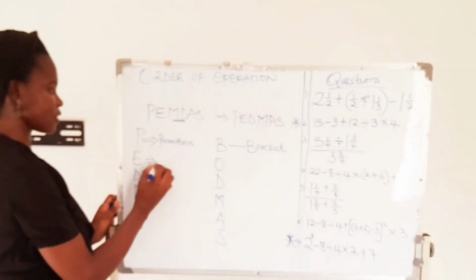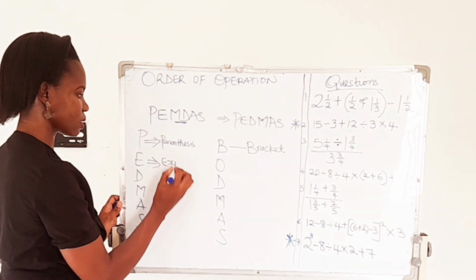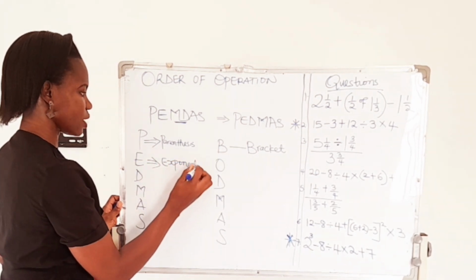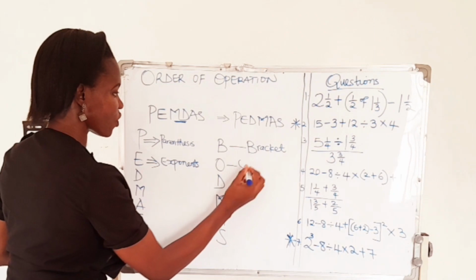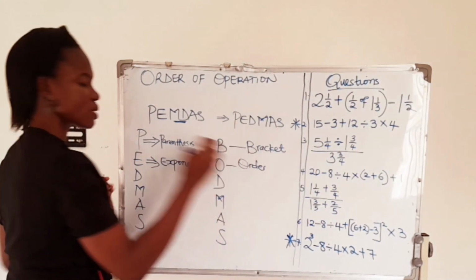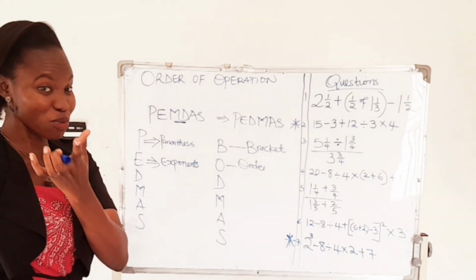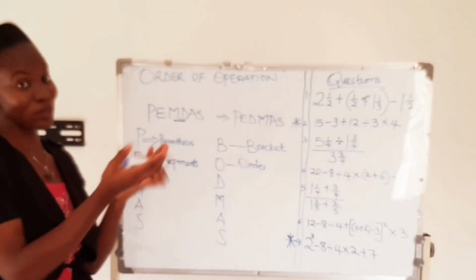E here stands for exponents, which is the same thing as order. Order here means square, square root, indices, anything raised to power. So that's order, and it's the same thing as exponents.